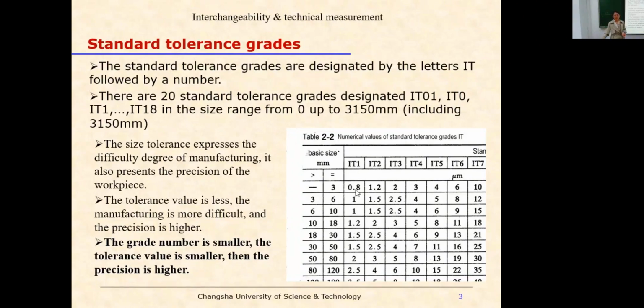This one is for the high precision condition. This one is not for high precision. In other words, you can use laser or turning to manufacture this precision grade, and you can use grinding to manufacture this 0.8 precision. So different manufacturing methods give you different precision.